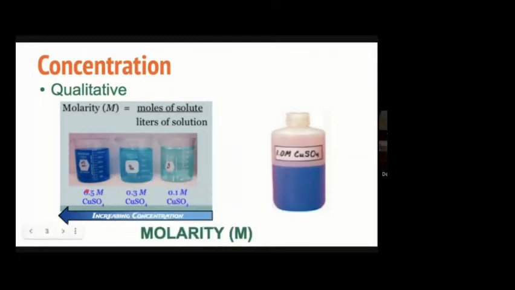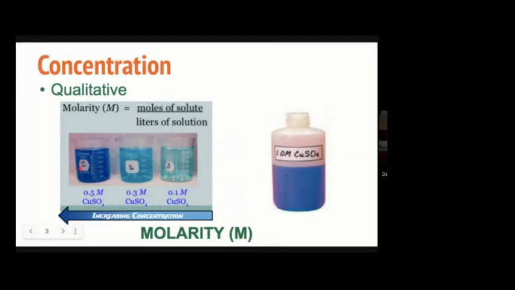Here are 3 different concentrations of the same solution, and you can think of this in 2 ways. You can think of it as putting fewer grams in this amount of water to more grams of copper 2 sulfate in this amount of water, or you could start with a more concentrated solution like the 1 molar solution over here, and you could dilute it with water.